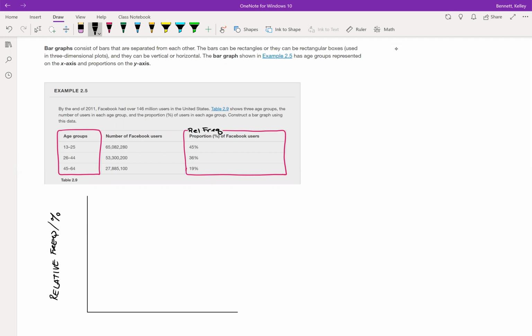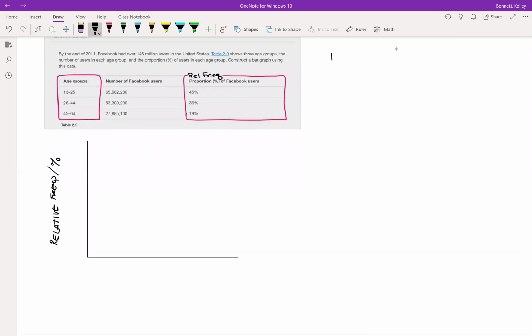You're taking a relative frequency and converting it into a percentage. Remember that relative frequency is a ratio or decimal, and then the percentage is moving the decimal two times.